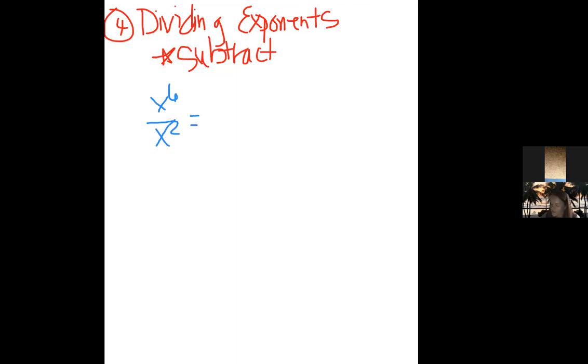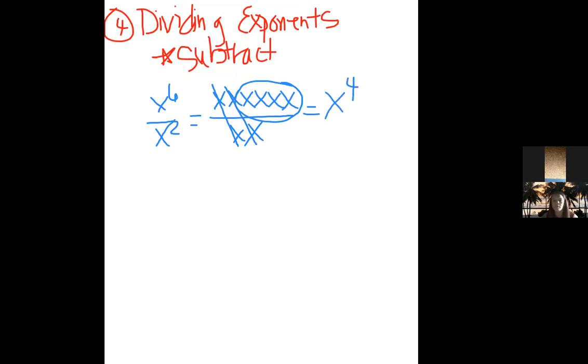So the top means that I have 6 x's, and the bottom means that I only have 2 x's. And so remember, in division, if there's one on the top, one on the bottom, they're going to cancel. So I could cancel that pair and that pair, and that leaves me with 4 x's, which is the same thing as doing 6 minus 2. But just wanted to show you why that is the case. So division means subtraction.